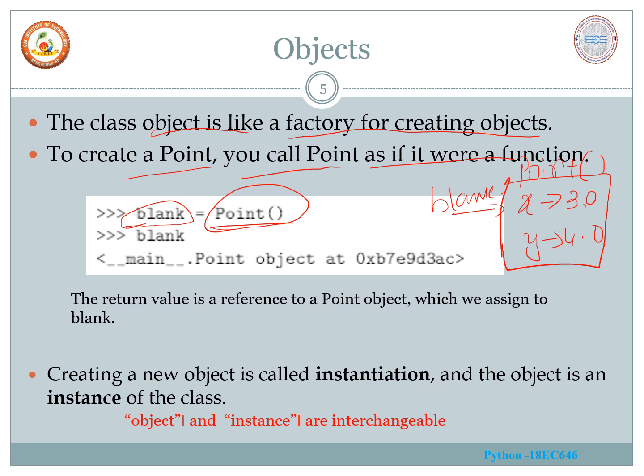Now, what is instantiation? If I am creating a new object, I call it instantiation. Here the object is an instance of a class.